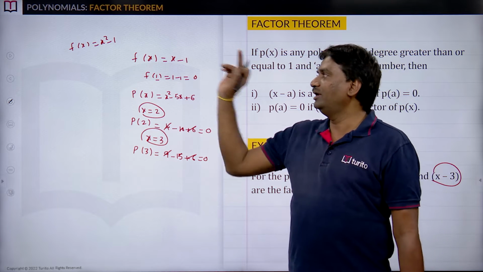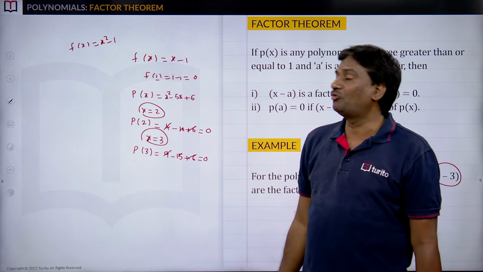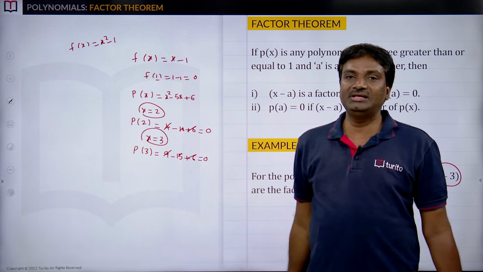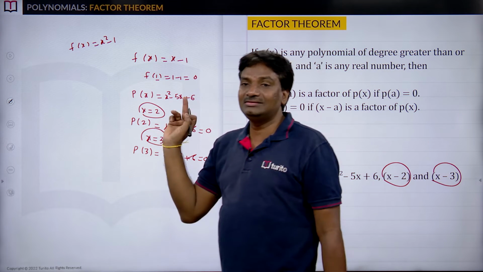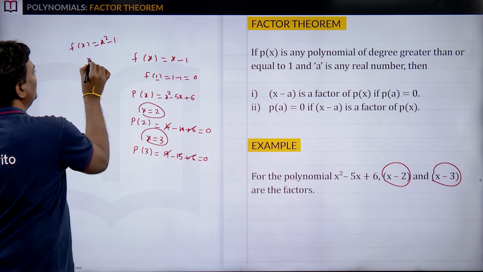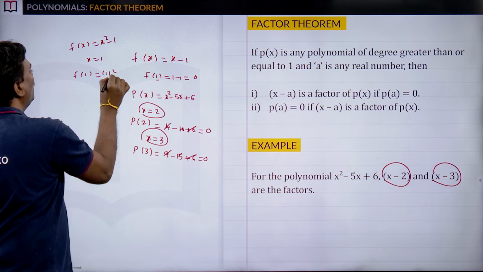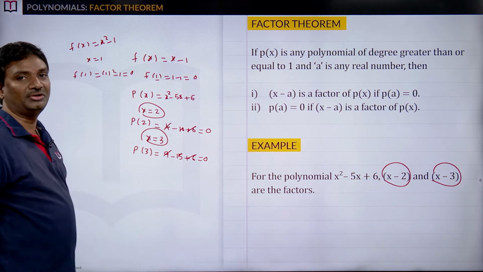I have given the polynomial f of x equal to x square minus 1. Clearly that is a quadratic polynomial, so it contains 2 zeros. If we substitute x equal to 1, you will get f of 1 equal to 1 square minus 1, that is 0.